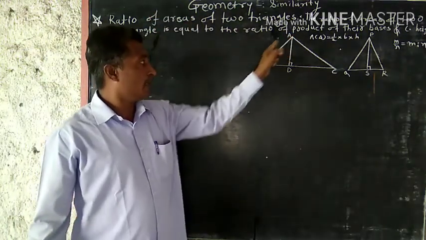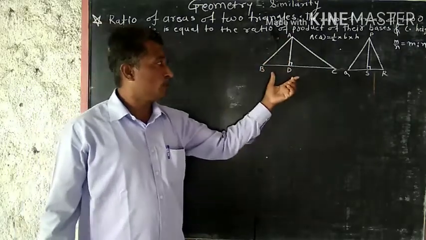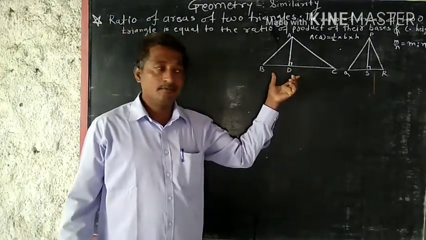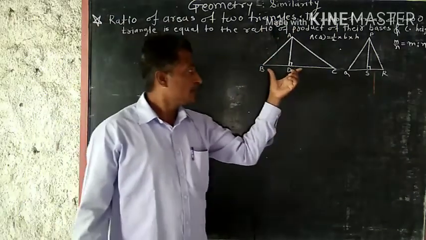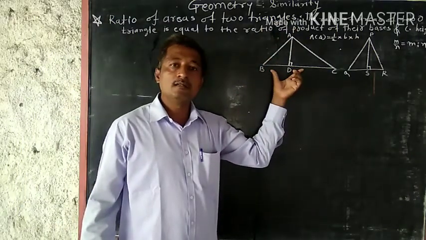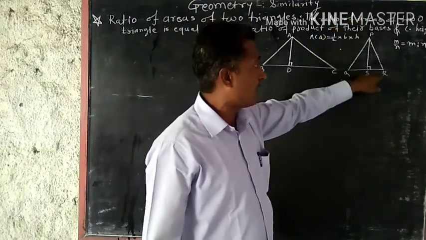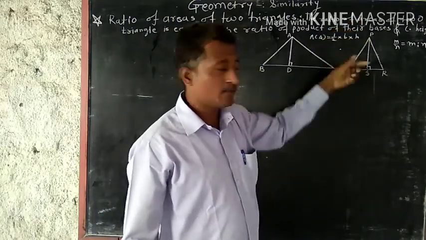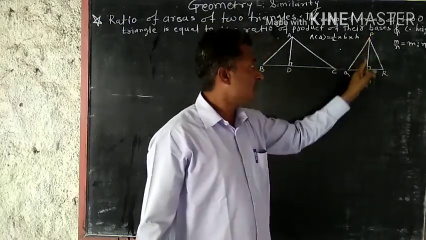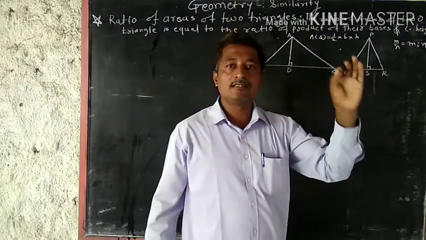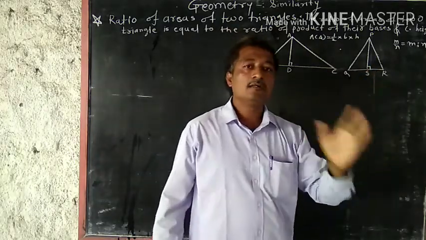First, in a triangle ABC, segment AD is perpendicular to side BC. Therefore, AD is the height and segment BC is the base. In the next triangle, in a triangle PQR, segment PS is perpendicular to side QR. Therefore, segment PS is the height and side QR is the base.